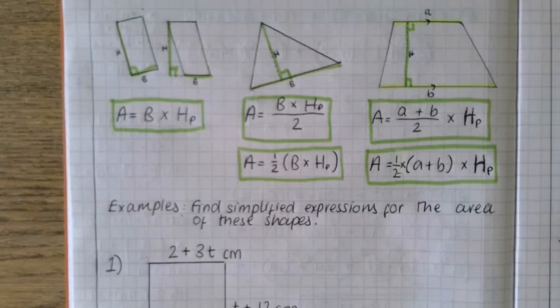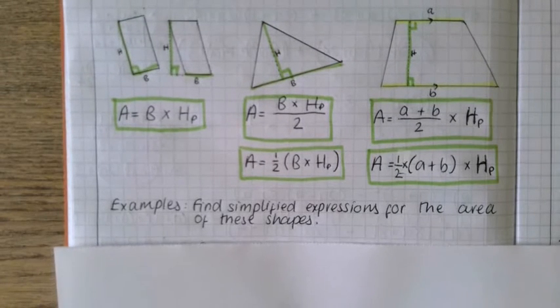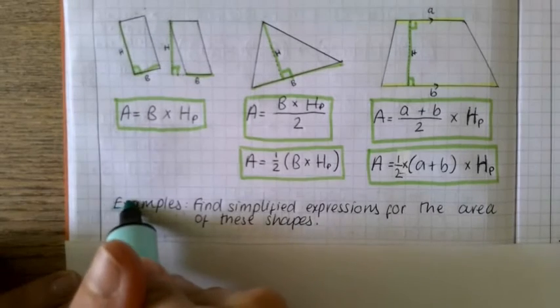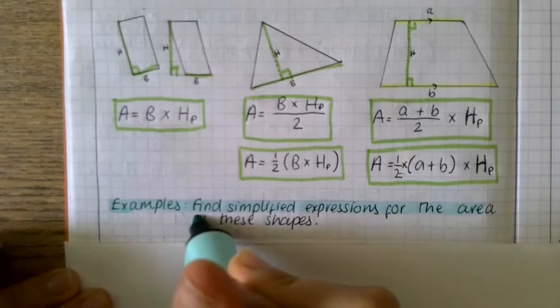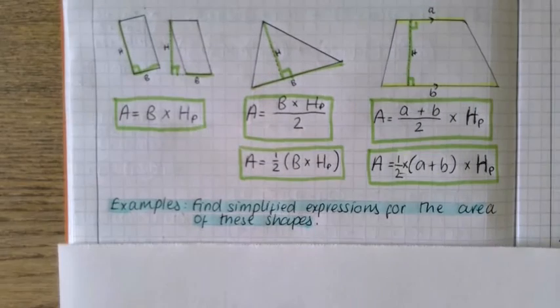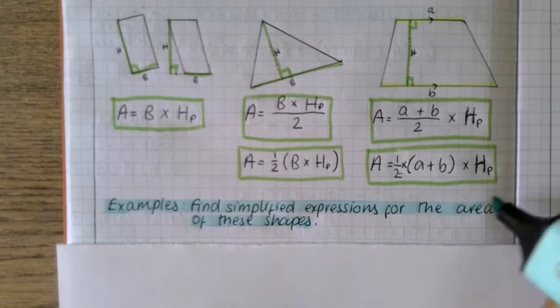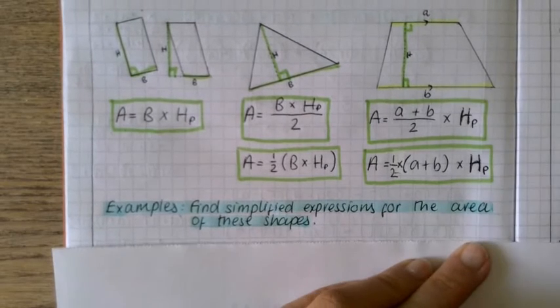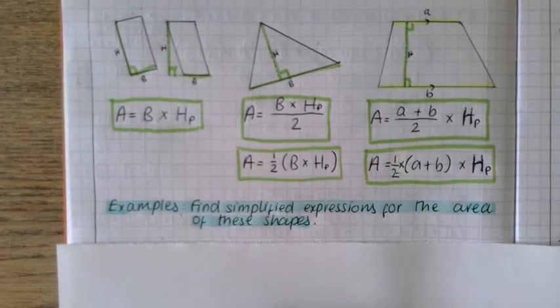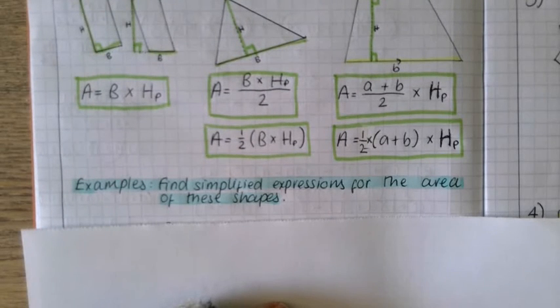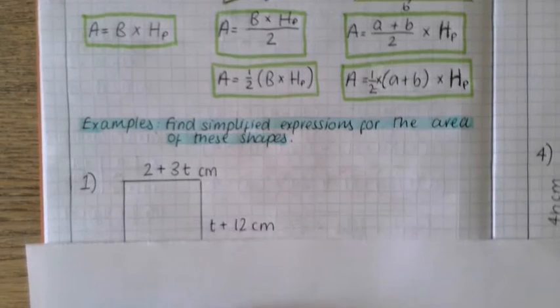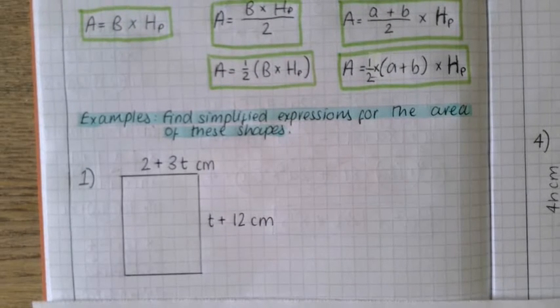So in all of these examples, we're going to find simplified expressions for the area of these shapes. We need to make sure that we collect like terms at the end of our work. So the first example we'll do is this rectangle here.